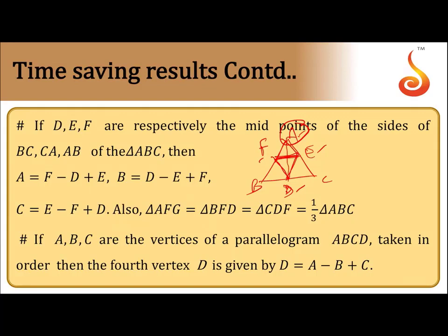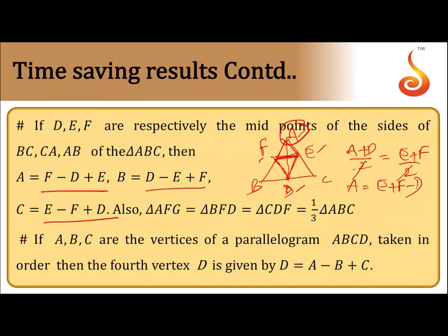The midpoint of these two is the same as the midpoint of these two, using the concept (A plus D) by 2 is the same as (E plus F) by 2. So from here A can be expressed as E plus F minus D. Likewise the other vertices can be expressed: B is D minus E plus F, and C is E minus F plus D.